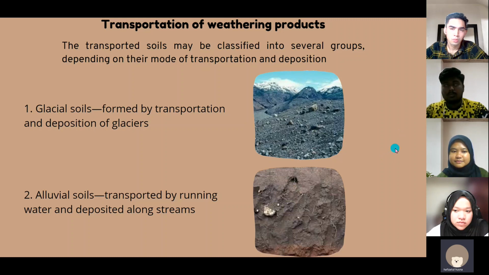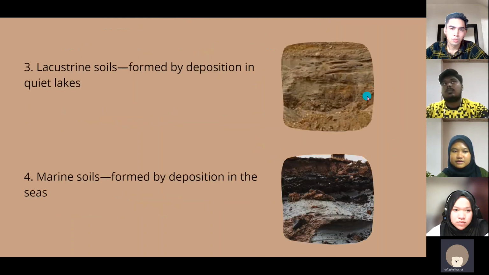Third, lacustrine soils, formed by deposition in quiet lakes. Biasanya nampak dekat tasik-tasik, sekitar tasik. Fourth, marine soils, formed by deposition in the seas. Ni pula tepi pantai, biasanya boleh jumpa tanah macam ni yang dalam gambar ni.